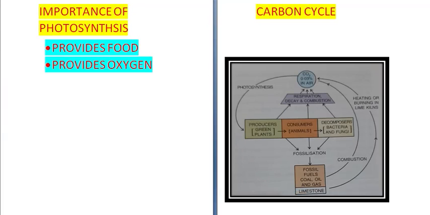A herbivore consumes plants while a carnivore consumes herbivores. So the whole food chain is dependent on plants, and they are the primary producers of the food chain. In any food chain, the producers are plants.